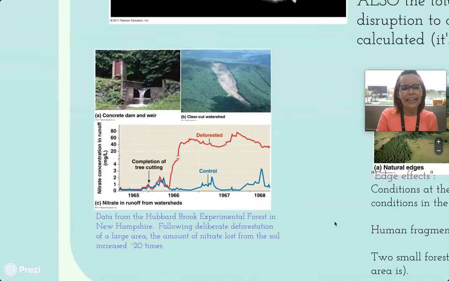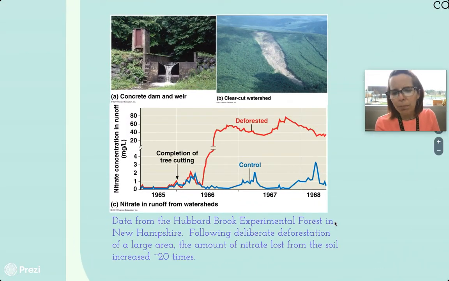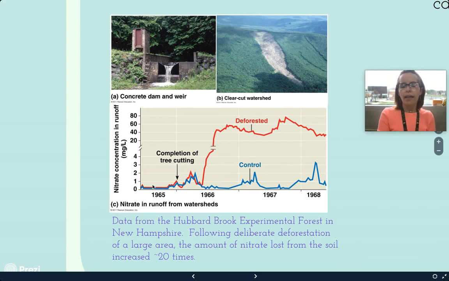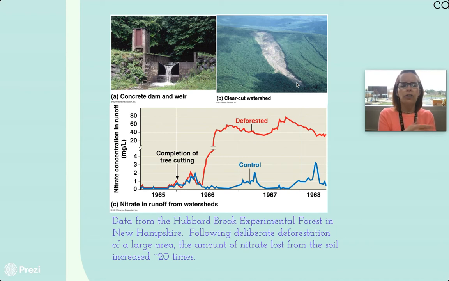Okay, so moving on, data from the Hubbard Brook Experimental Forest in New Hampshire. This is super interesting. They are looking at a forest where a huge swath of the forest was clear cut. Clear cutting is when you completely cut down the trees and don't try to plant on top of them.